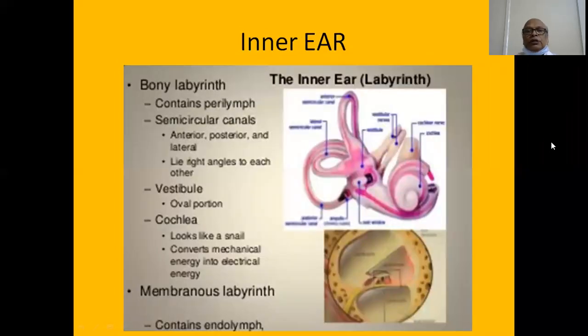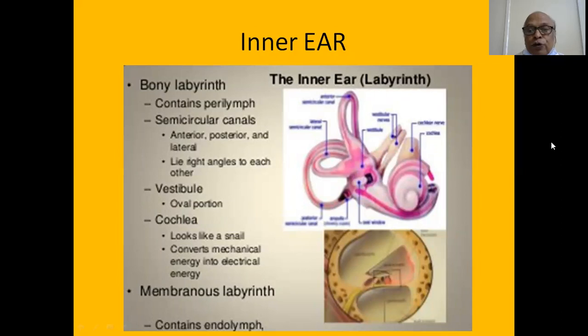Coming to the third part of the ear, that is the innermost part, the inner ear. The inner ear is very securely placed by nature in the toughest bone in the body, that is the petrous part of the temporal bone. Now, this inner ear is responsible not only for hearing but also for balance.